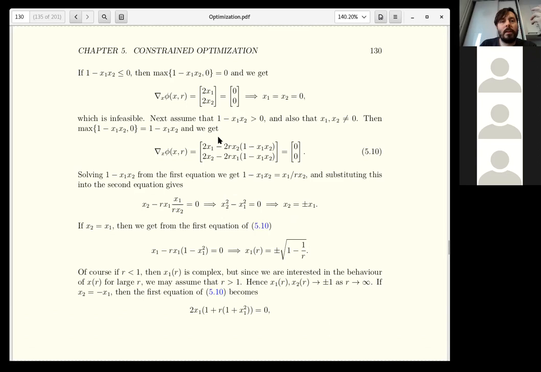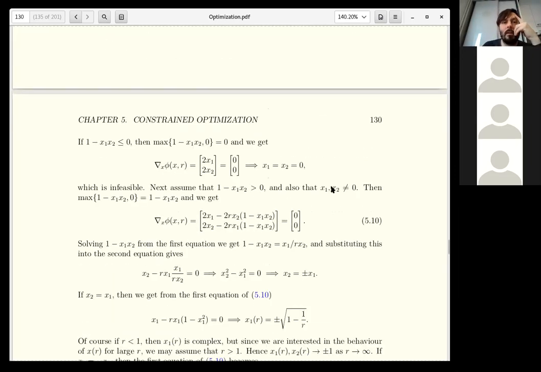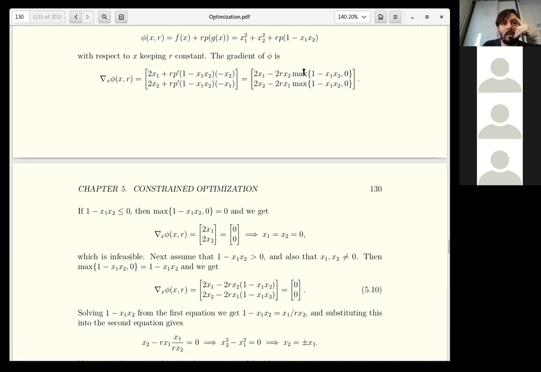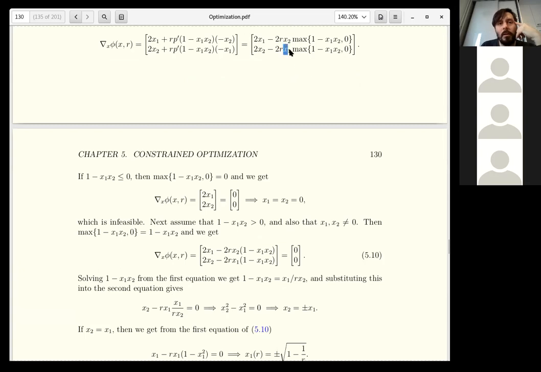Now, if we assume that the penalty is positive, so we are going to have to violate the constraint, we just see as a function of r how much we violate it. Here, because the penalty is discontinuous, if we assume that we have to incur the penalty, then the gradient has first component minus 2r x2 times 1 minus x1 x2, and similarly with x1 in the second component.